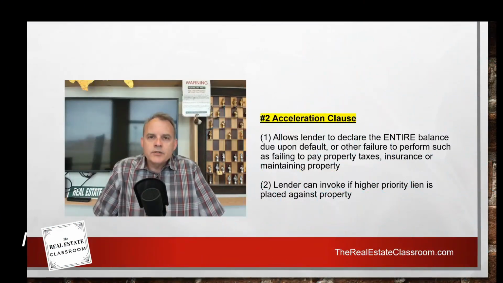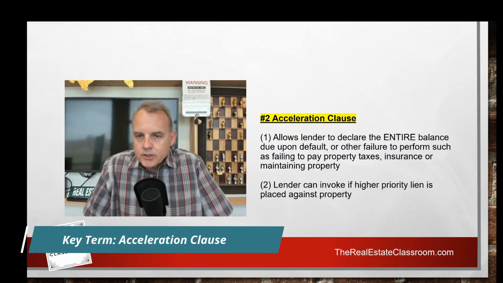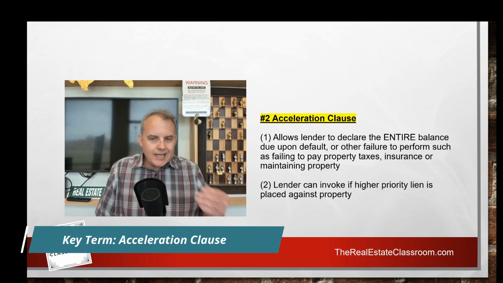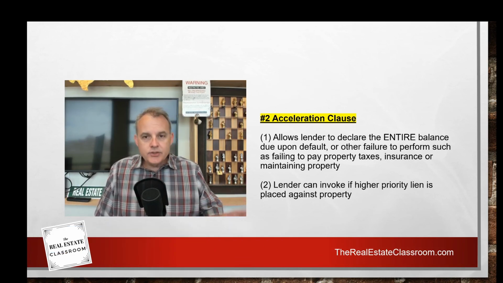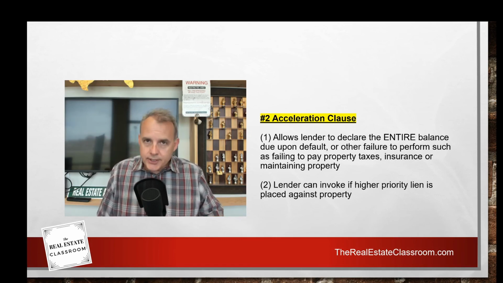The next clause we're going to talk about is called an acceleration clause, and it allows the lender to declare the entire balance due immediately upon default of the borrower, meaning the borrower stops making their payments, but it also does include other breaches as well.